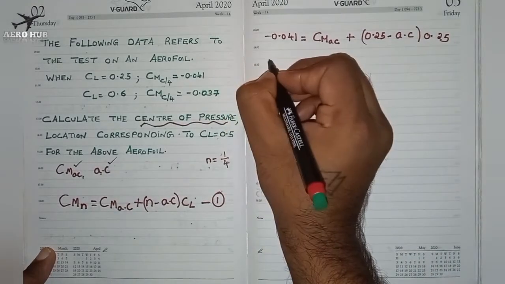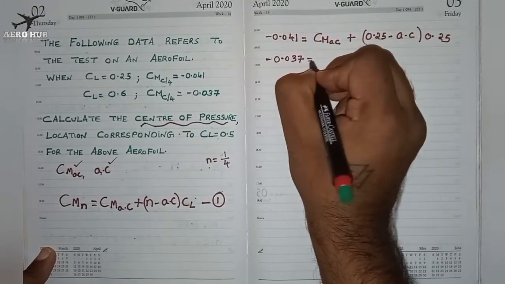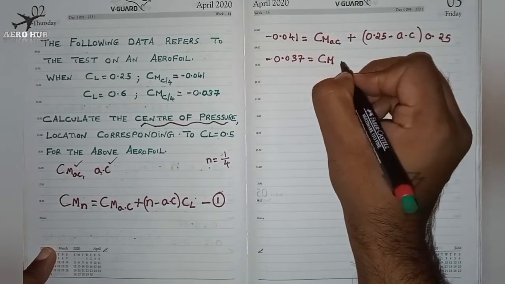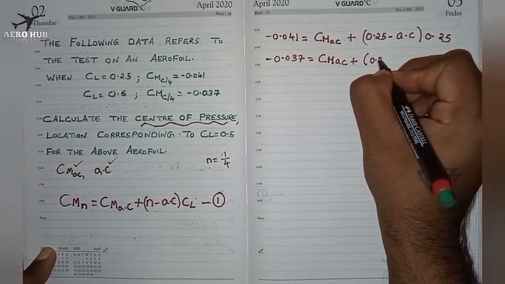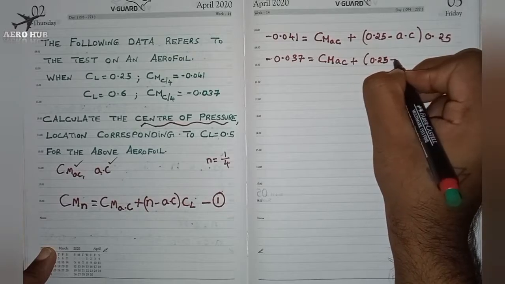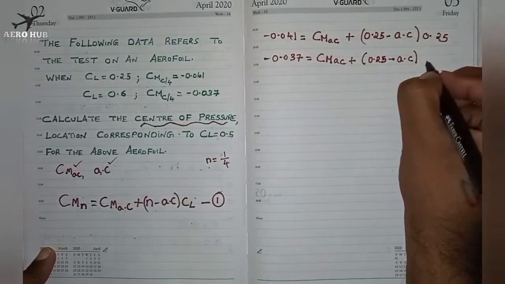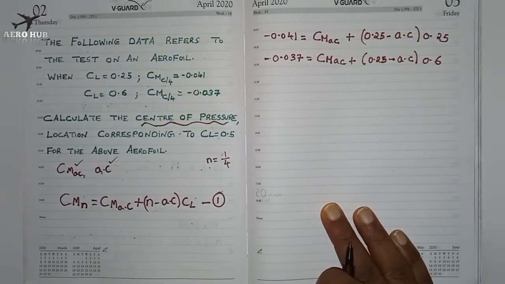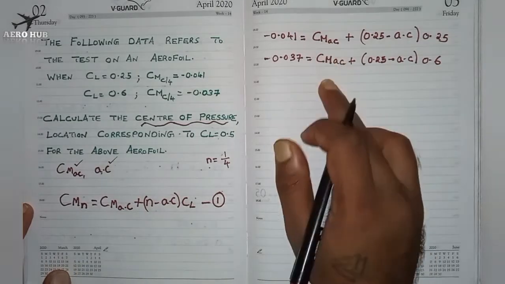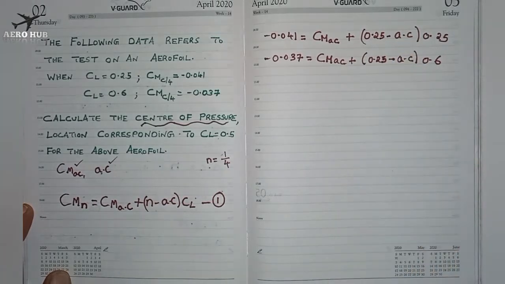And the second one: minus 0.037 is equal to CMAC plus (0.25 minus AC), and the value of CL is 0.6. So these are the two equations. Now I can get the value of CMAC as well as the aerodynamic center AC from these two equations.